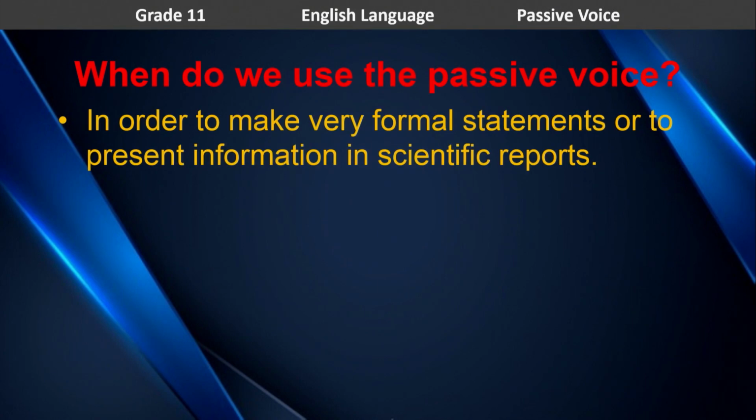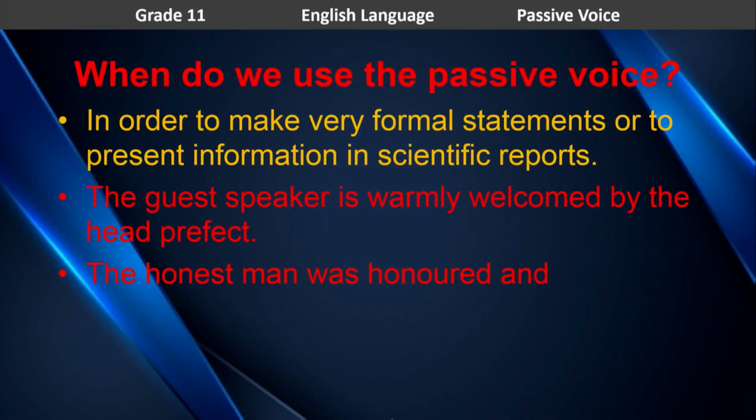When we write reports, especially scientific reports or reports of a meeting, we use the passive voice. When we need to convey very formal information, we use the passive voice. If you have a look at the next example, you can see that the passive voice is used in these two examples. Can you read them out?